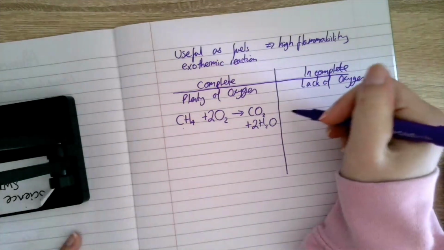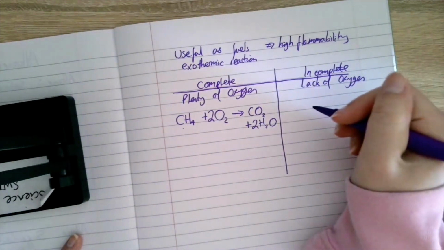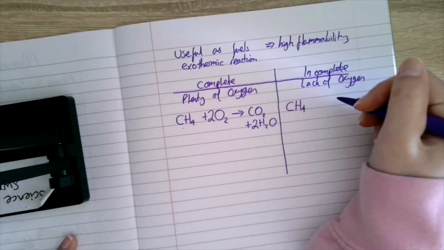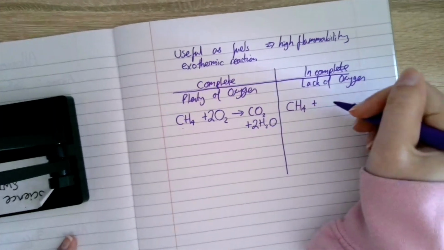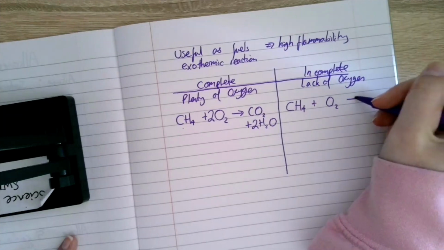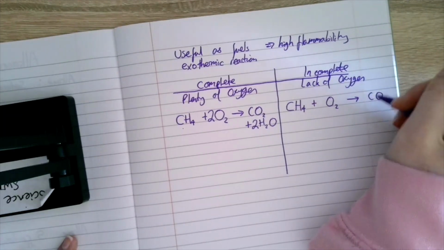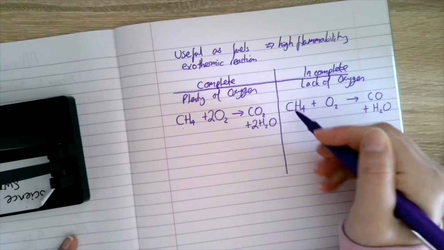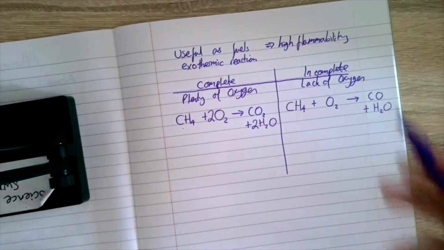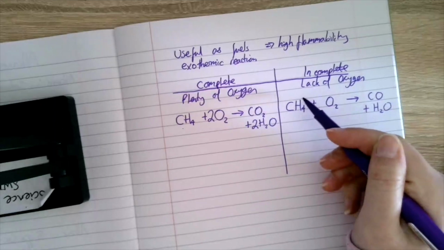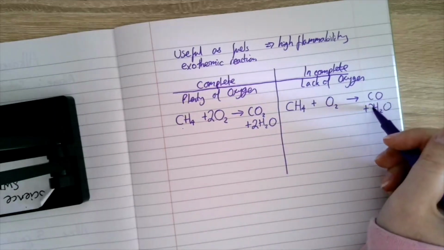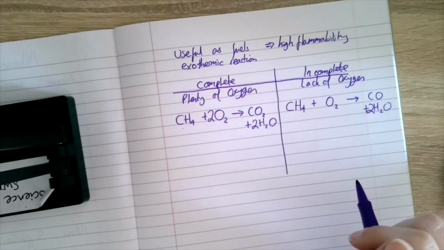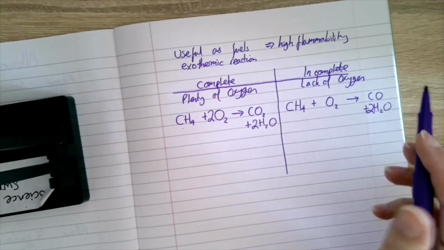In incomplete combustion, there are 2 possible products. So the first is carbon monoxide, so a carbon with just 1 oxygen attached to it. We still always get water, as that is needed for our hydrogens. So here we've still got 4 hydrogens, so we're still going to need 2 water molecules to make sure that we've got 4 hydrogen atoms on our product side.